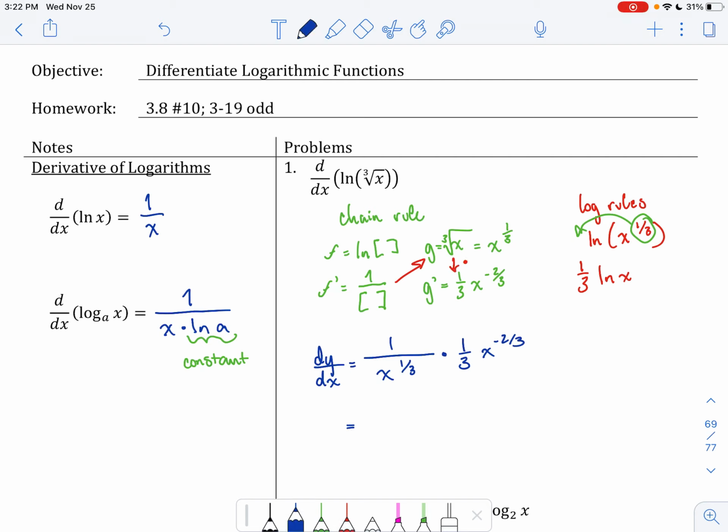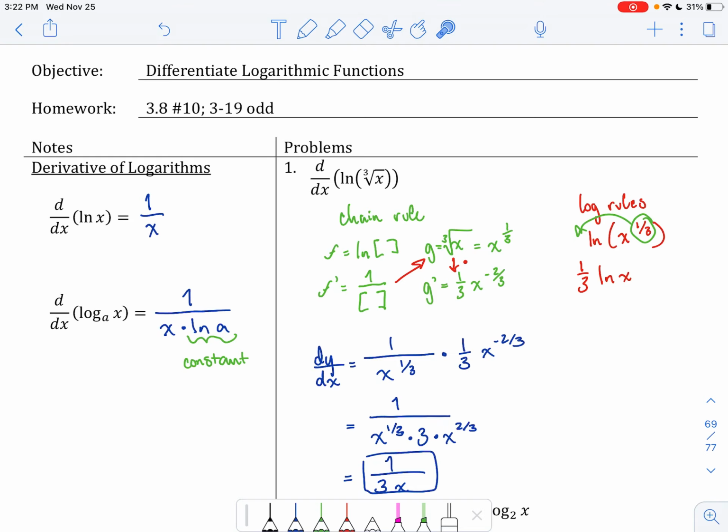When I simplify this, I get 1 over x to the 1/3 times 3, which is this 3, and then this will drop into the denominator as well, so x to the positive 2/3. Our x terms can combine 1/3 with 2/3. We get 1 over 3x.